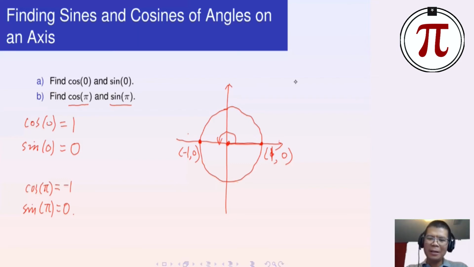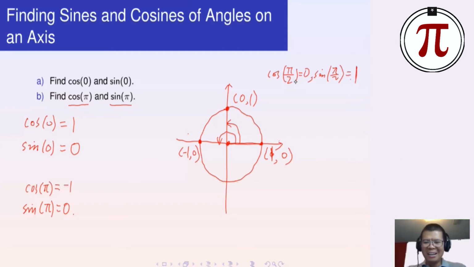Now, how about pi over 2, cosine pi over 2, sine pi over 2? If it is pi over 2, what is the intersection of this angle, this ray? It will be 0, 1. So pi over 2 goes to this place, and this coordinate is 0 and 1. So cosine of pi over 2 is 0, and sine pi over 2 equals 1.